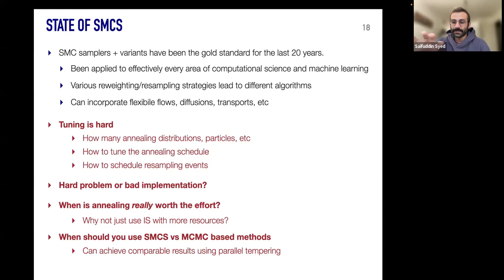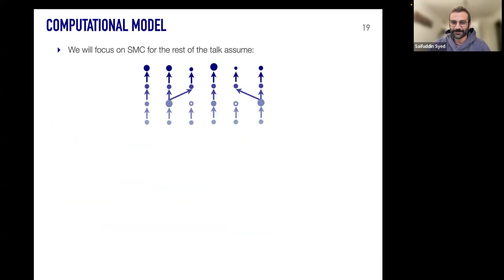But there are competing algorithms, say in Markov chain Monte Carlo, that also use annealing and incorporate the same amount of flexibility, but they use the resources in a different way. And it turns out they also perform kind of comparably. There's a particular algorithm, parallel tempering, that I'll show later on. I want to answer the question, when should you use one versus the other? So that's the preamble for the talk. And now we're going to go into new things, I guess.